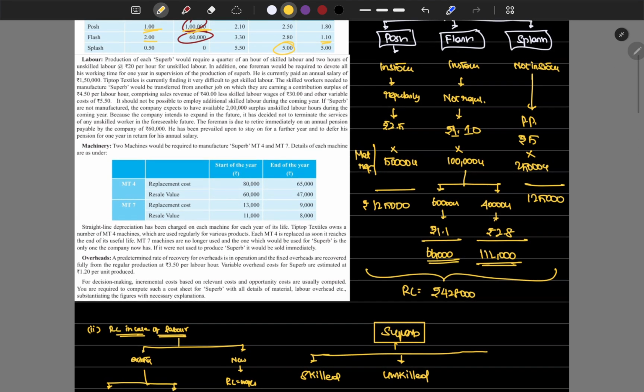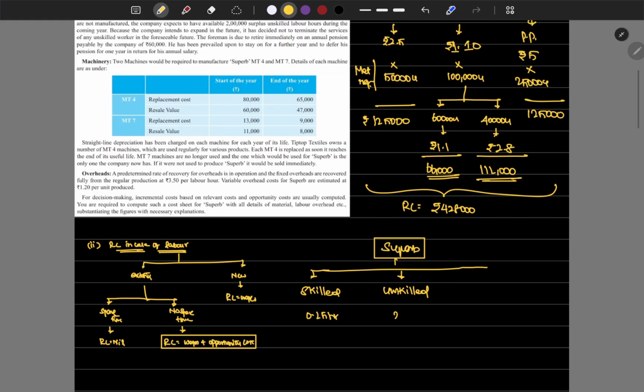0.25 hour, and unskilled labor 2 hours, into 50,000 units. 0.25 into 50,000, which is how much? Rupees 12,500. 2 hours into 50,000, which is 1 lakh.